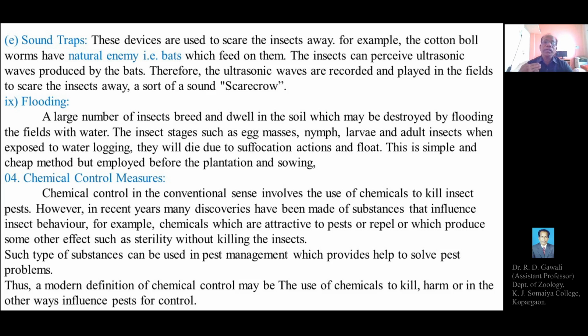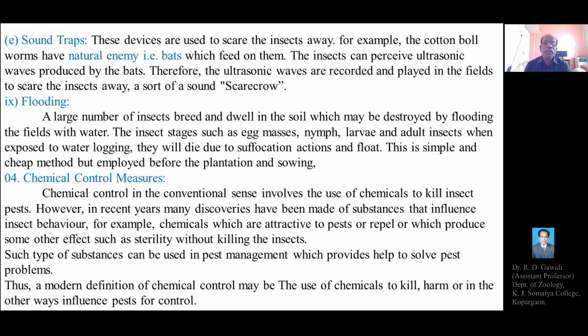However, in recent years many discoveries have been made of substances that influence or change insect behavior. For example, chemicals which are useful in attracting the insects or pests, or which repel the insect pest, or which may produce some other effects such as sterility without killing the insects.